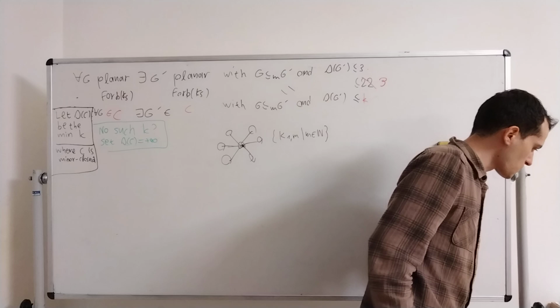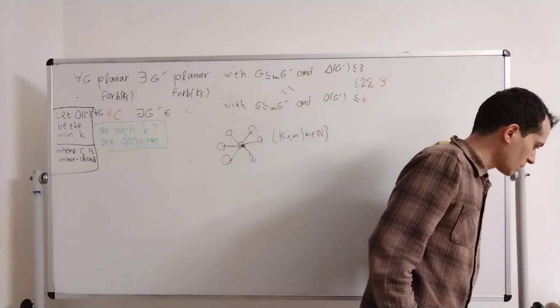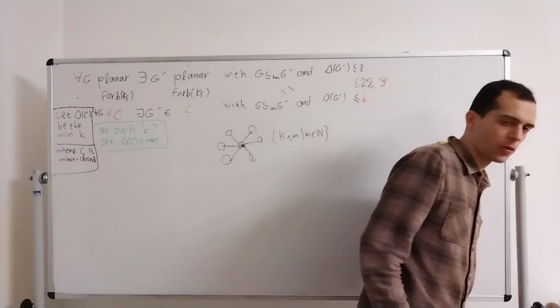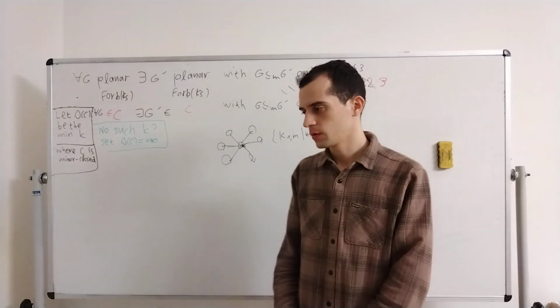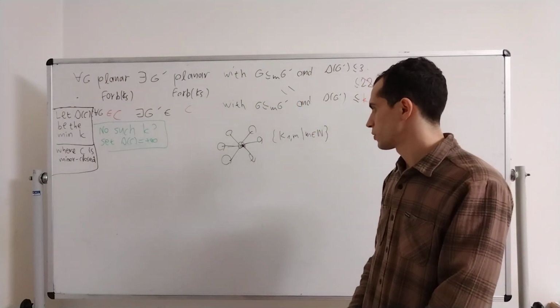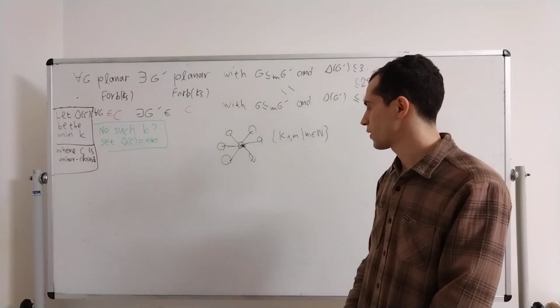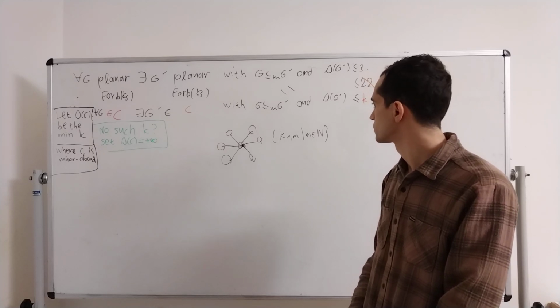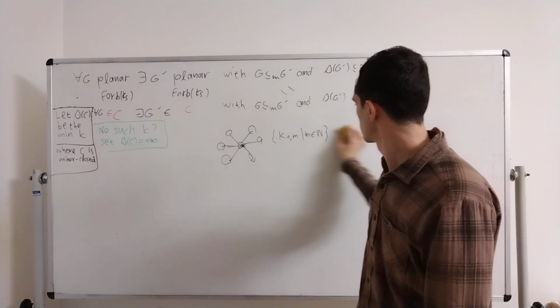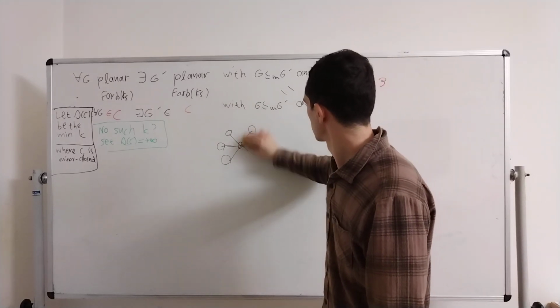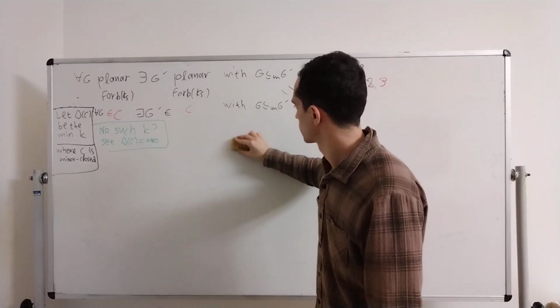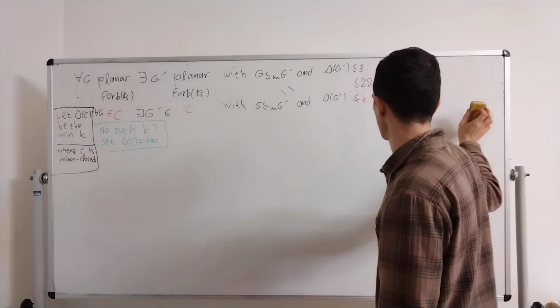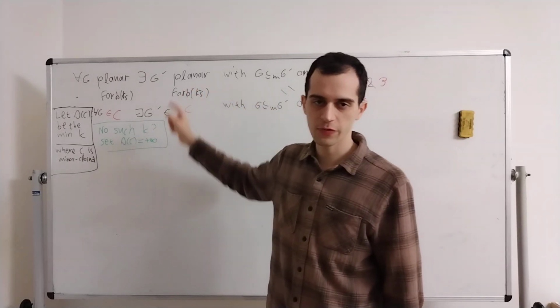And we have a bunch of classes for which we have found this value. As I told you, for the class forbidding K5 it is 3.